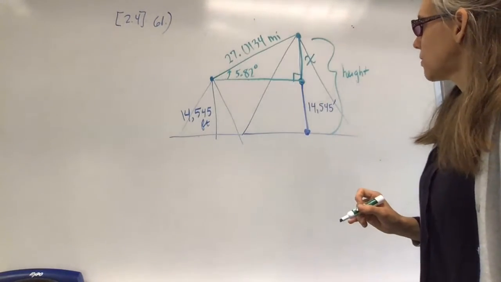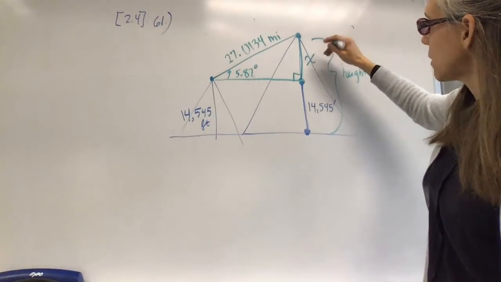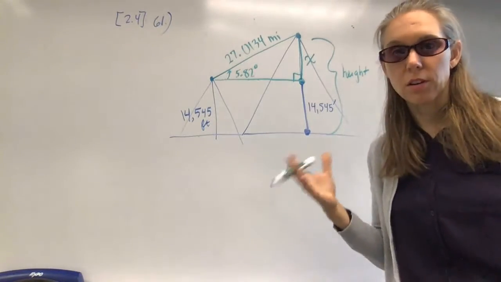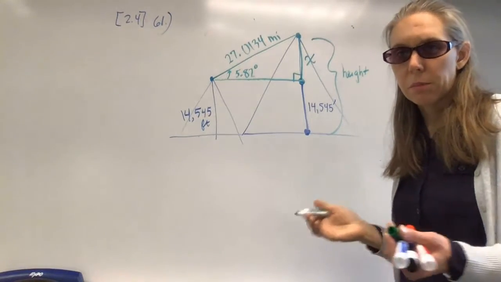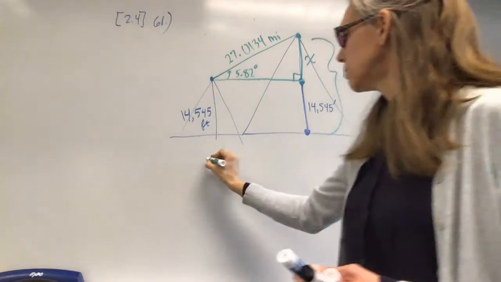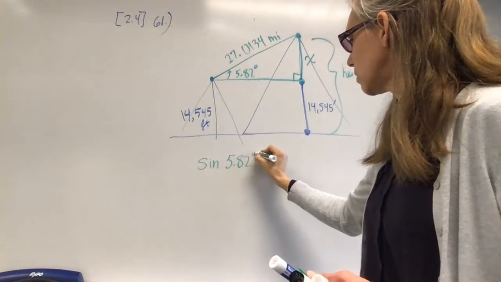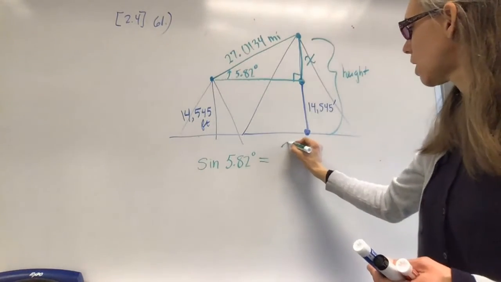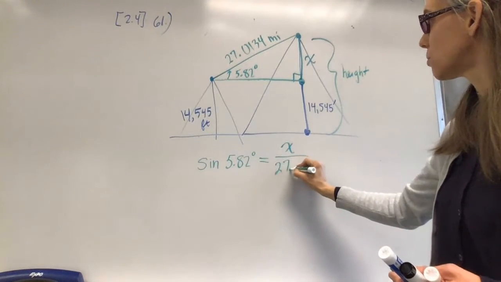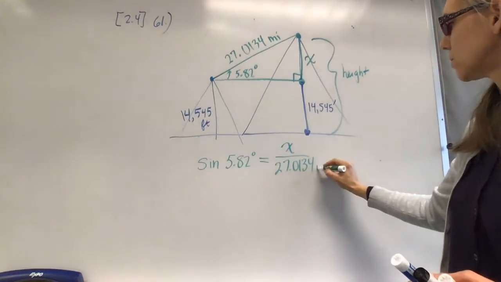So we need to figure out what this side is here, and we can figure out what x is in miles, and then convert it to feet. That would probably be the simplest thing to do. So this is going to be a sine problem. The sine of 5.82 degrees is equal to opposite over hypotenuse, 27.0134. And this is in miles, remember.